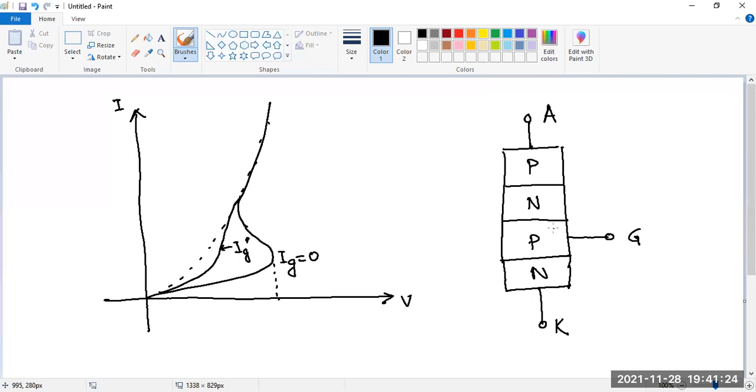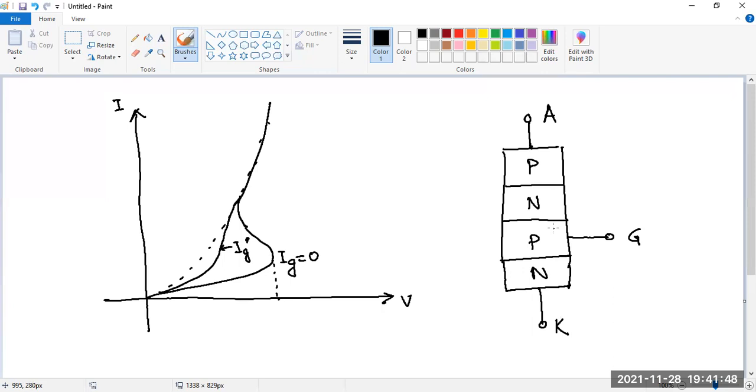Okay, now the third way by which we can again make the device turn on, if we apply some radiation in the gate. So in that way also we can turn on the device.